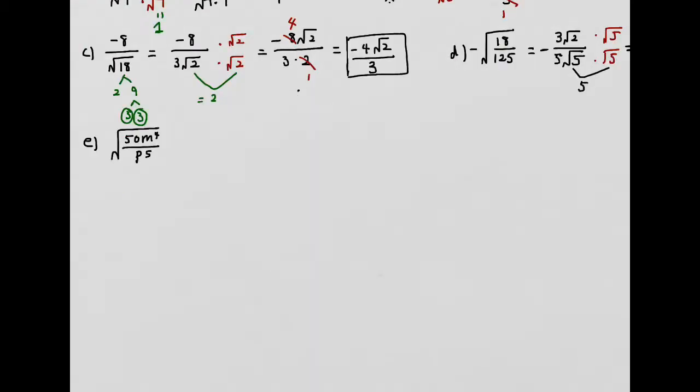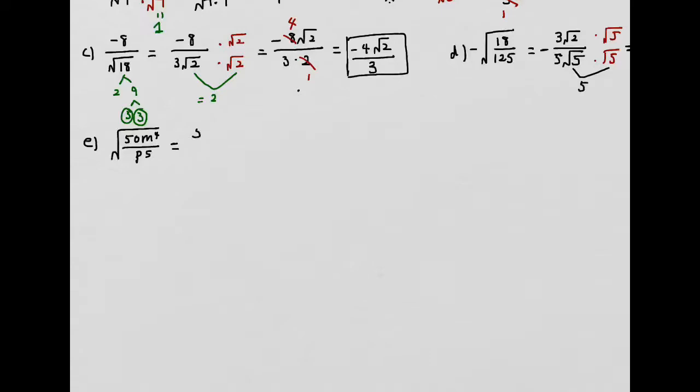This time, let's look at the one with the variable. Even though we have a variable, we do exactly the same thing. First step, whenever we see square roots or radicals, simplify them. So square root of 50, we know that 5 times 5 is 25 times 2 is 50.